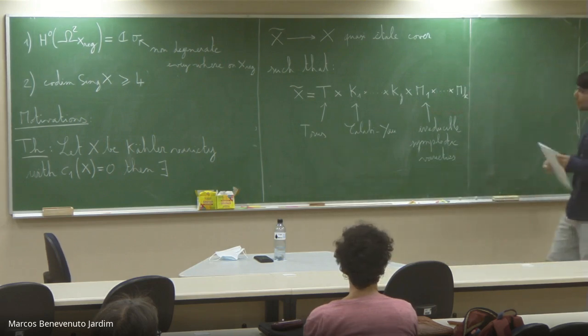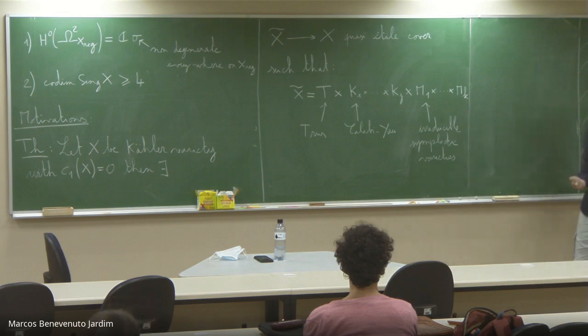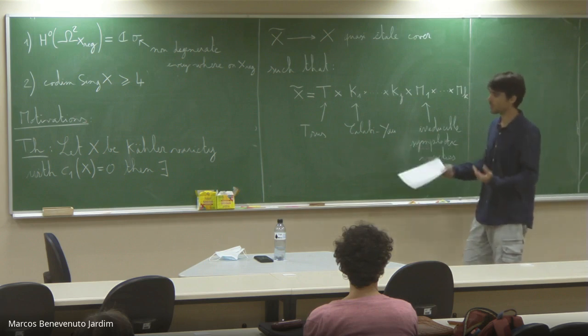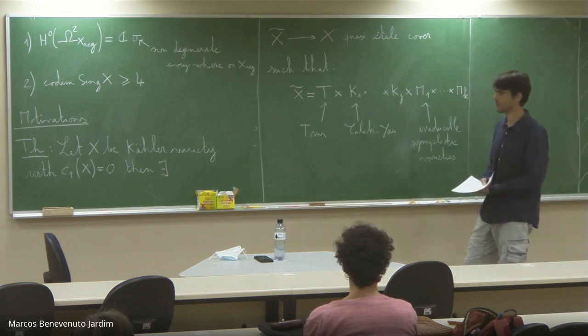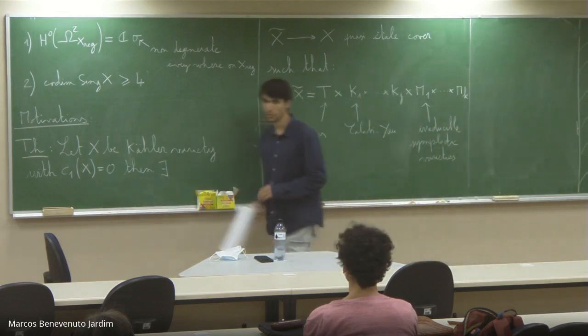Another motivation that I should speak about is the minimal model program. The objective of the minimal model program is to classify varieties again by trying to find the simplest birational model for varieties. And in this process, we find varieties that have singularities, and the ones with first Chern class equal to 0 play an important role.